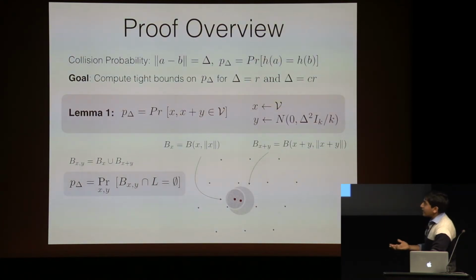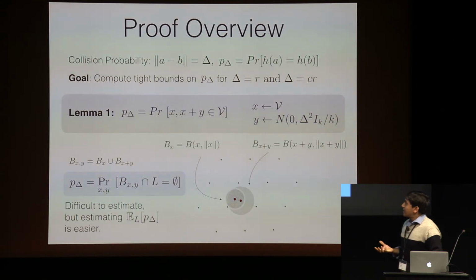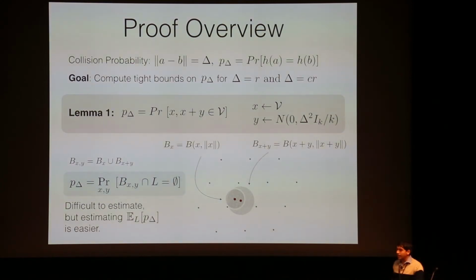Again, estimating this quantity turns out to be difficult, but it turns out that these were the kind of quantities which were estimated in random lattice theory by Siegel and Rogers way back in 1958. So what we can instead do is estimate bounds on the expected value of this collision probability.